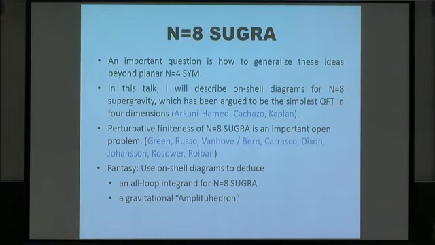And although N equals 8 supergravity probably doesn't make sense non-perturbatively, because its non-perturbative completion should be M theory on a 7-torus, it's still an interesting open question whether it's perturbatively finite.